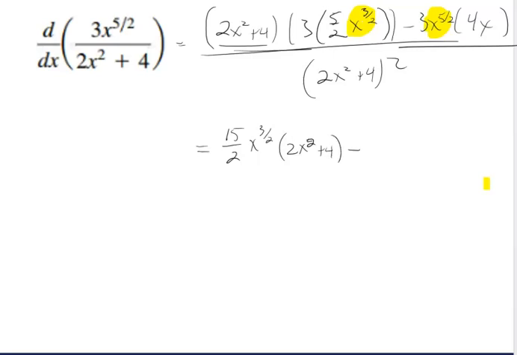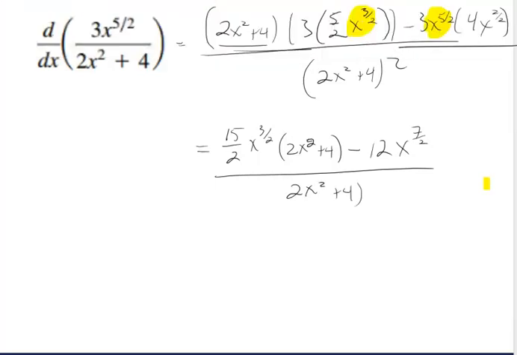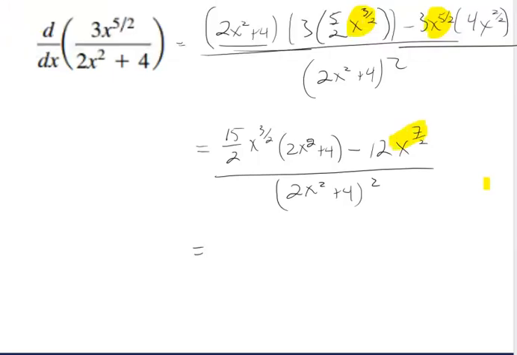And then I guess I can multiply these. That's 2 halves, right? x to the first. So it'd be 7 halves. 12x to the 7 halves, all over 2x squared plus 4 squared.